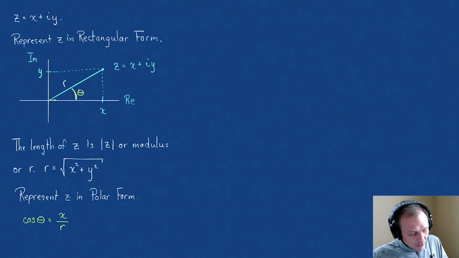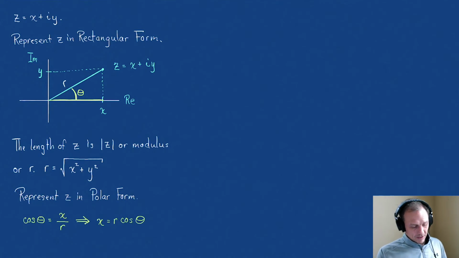So here's my adjacent side, and we've got r in there. So cosine of theta is x over r, and I could just multiply both sides by r, so I could also rewrite that as x is equal to r times the cosine of theta.